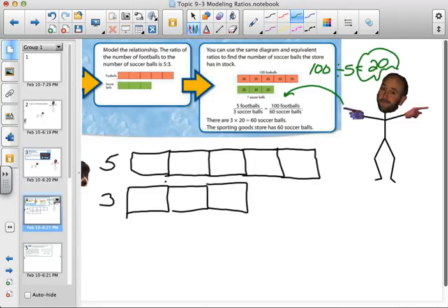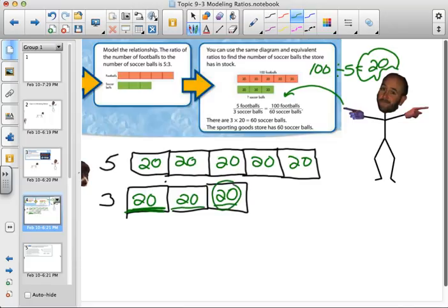I know that I can put that 20 in each one of these boxes, and that tells us that for all my soccer balls, I would have my 20 for my soccer ball, I would have my 20 for my footballs, and then I would add those up, and I would get 60, okay? So you'd have 100, and you'd end up with a ratio of 100 to 60.